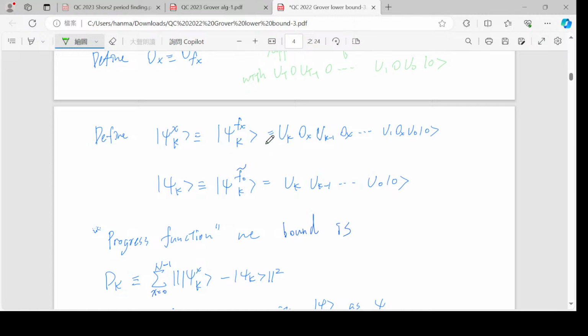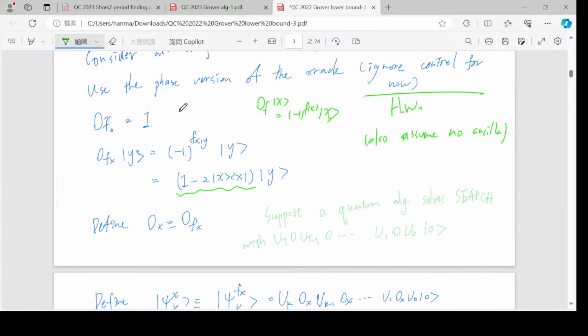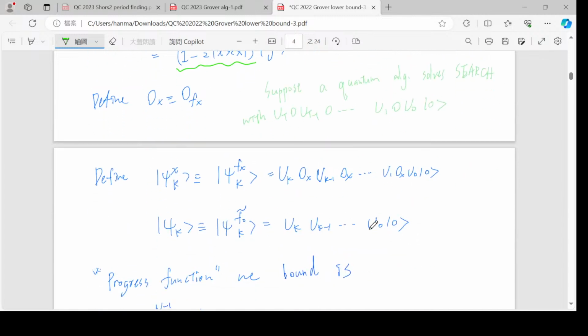So the state after k oracle calls and unitaries, where your f has a marked item x, is called psi x k. And if there is no marked item, then we know the oracle is just identity. So your state would be just the product of those unitaries, and this state we call psi k. So we just ignore all the superscripts and call it psi k.